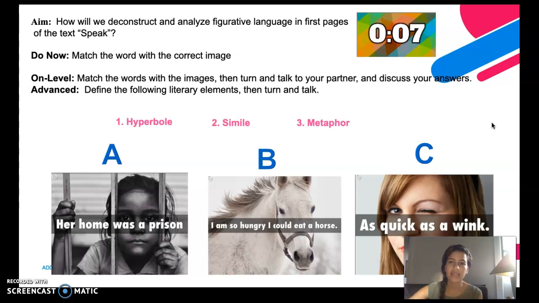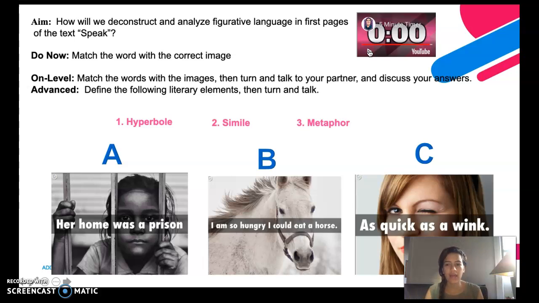All right, 8, 7, 6, 5, 4, 3, 2, and 1. Okay, so what I'm going to do right now to keep this fair, I'm going to use my equity sticks. If your name comes out, I would like you to please share your answers with the group. Make sure that your voice is loud and clear.